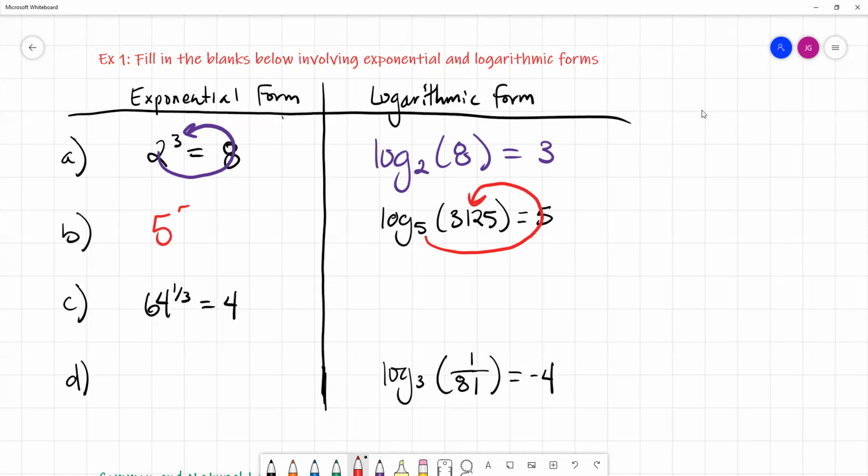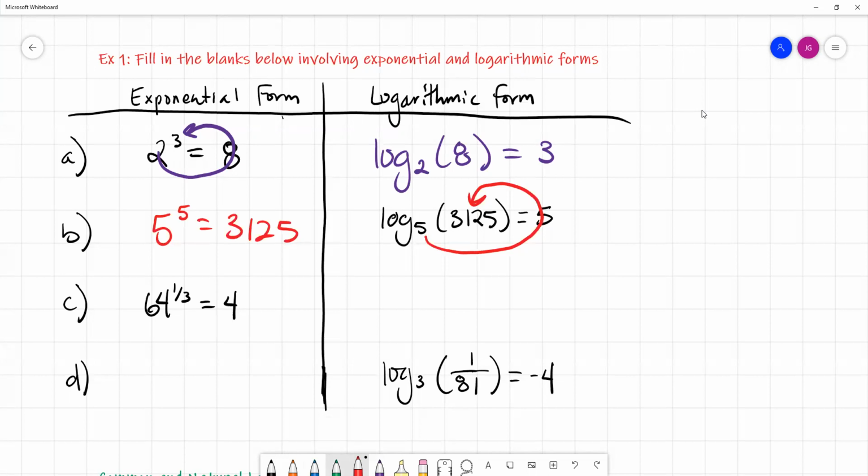And that is true. Now I'm putting these equations down as something you should know, but you should always confirm, right? Yeah, 2 to the third power is 8. I don't know if this logarithm statement is true, but now I do because if you check 5 to the fifth power in your calculator, that is definitely 3,125.